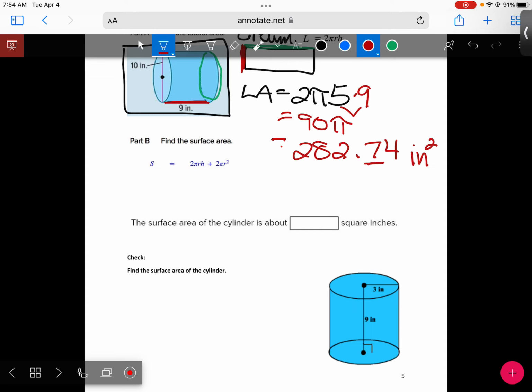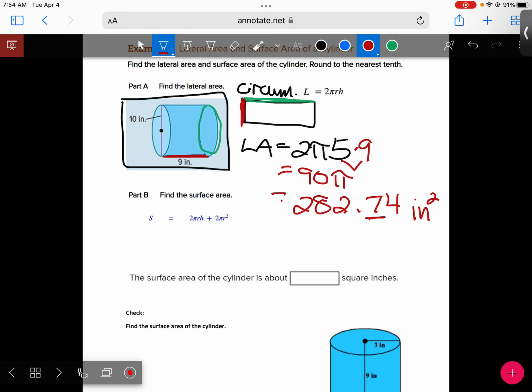All right, now we need to add the bases. So surface area here is my lateral area, which we just found, plus the 2 bases. Well, the bases here happen to be circles.